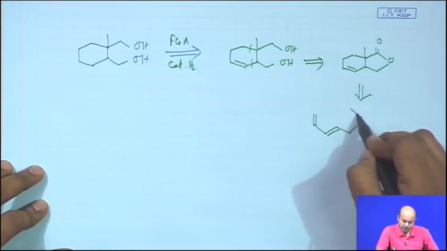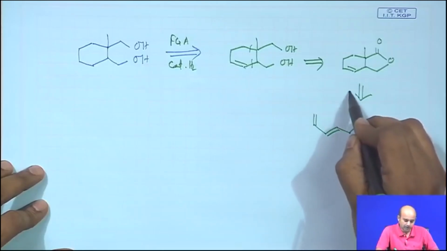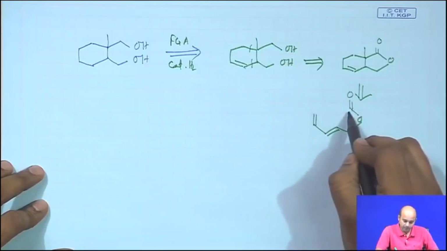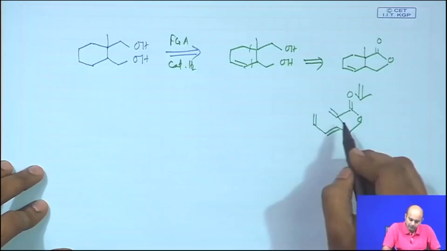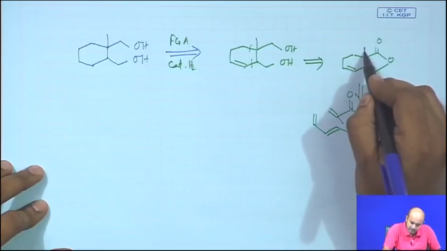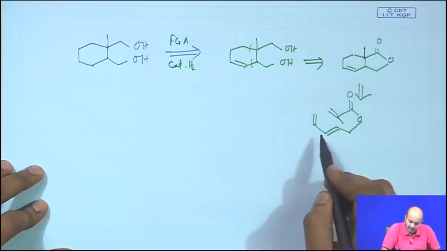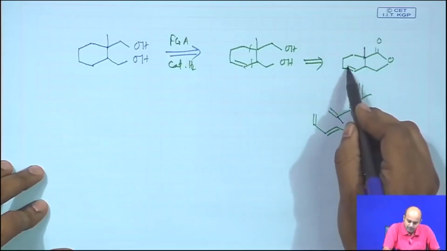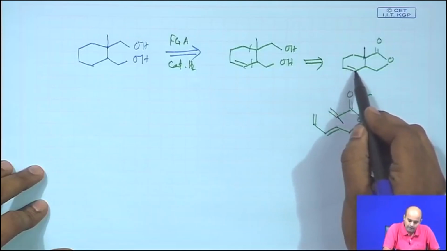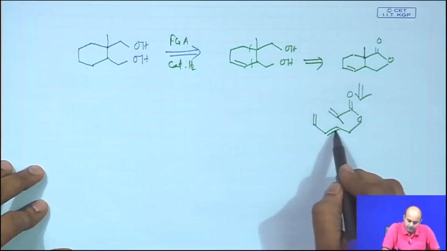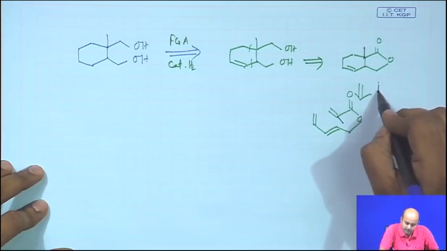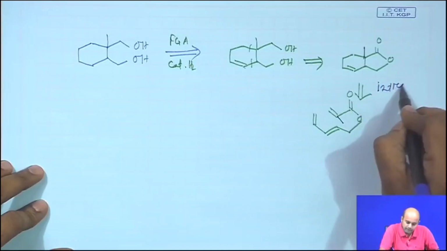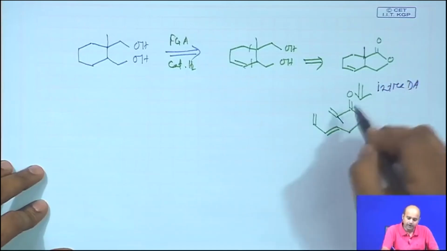We are trying to use an intramolecular Diels-Alder reaction. So, we put the methyl here, this methyl here, and as the double bond we have done a retro here, we put this double bond here. So, it is basically an intra Diels-Alder, same target, you can figure it out in a different way.